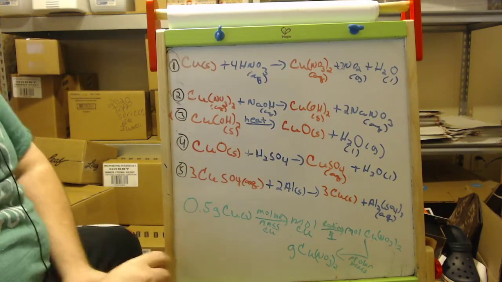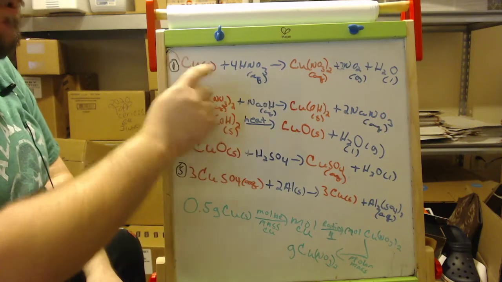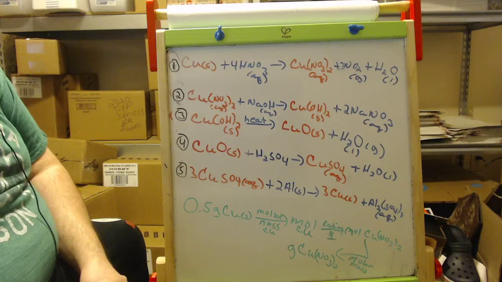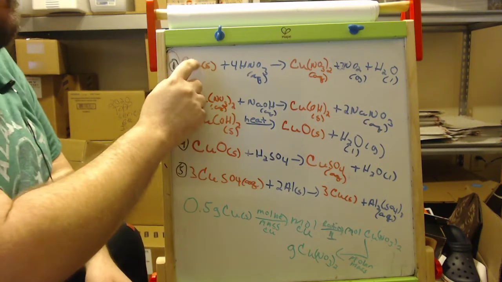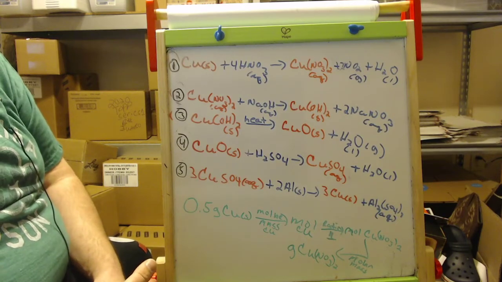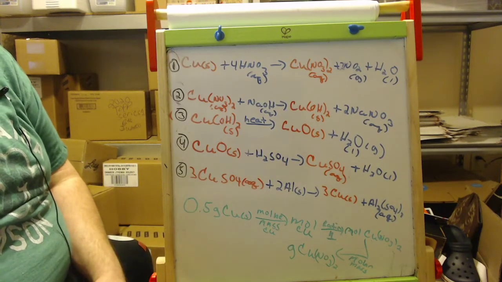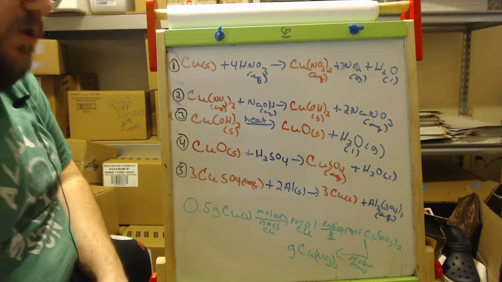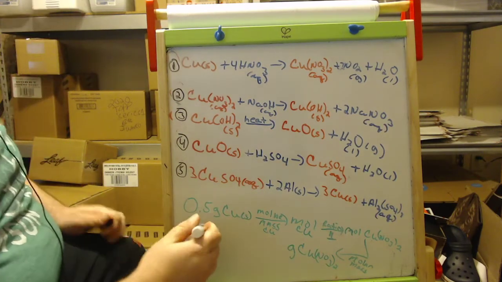In theory, if the math works out, 0.5 you started with, you should end up with 0.5 at the end. So you'll know you did all the math right if you started with 0.5 here and you end up with 0.5 theoretically. Now, I'm going to give you an experimental value also so that you can find your percent yield and your percent error.